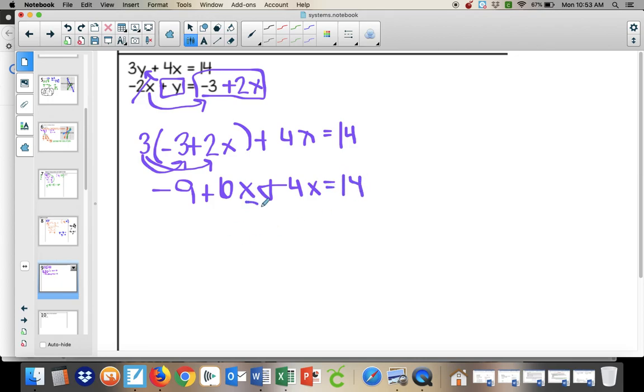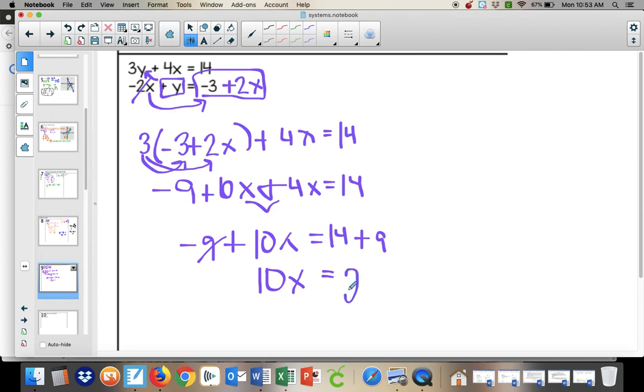All right, so now combine. So negative 9 plus 10x is 14. Add 9. So 10x is 23.